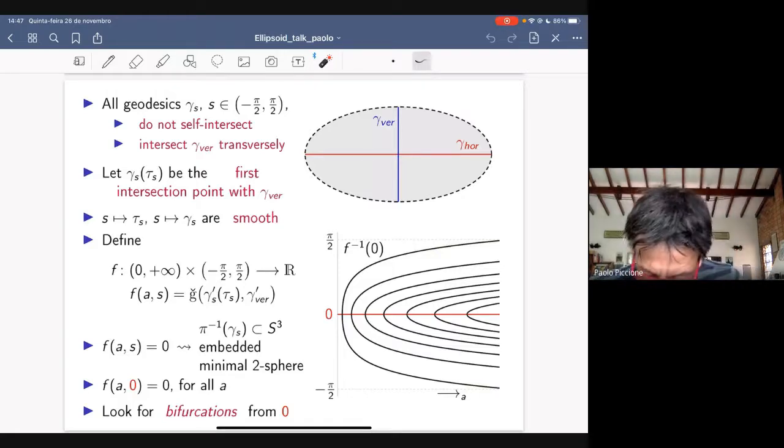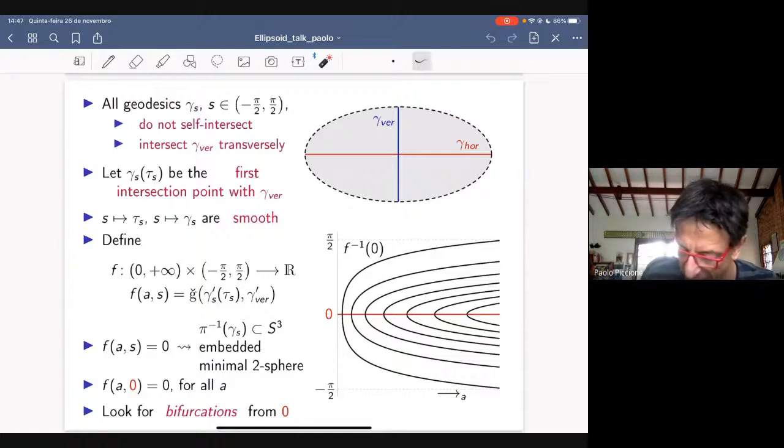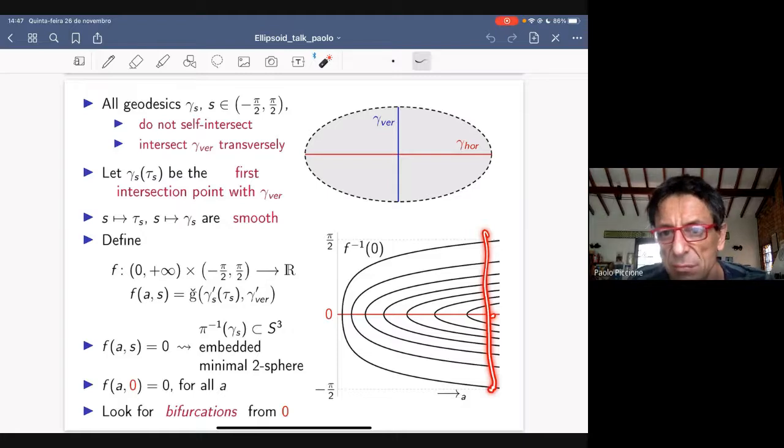So this means that if you fix A here, the number of minimal two spheres corresponding to that ellipsoid is exactly the number of intersections of this zero set with this vertical line. So you have 1, 2, 3, 4, 5, 6, 7, 8, 9, 10, 11, 12. Right? In this picture, corresponding to this A, there are 12 minimal two spheres. So if A is large enough, you obtain as many as you want, okay?